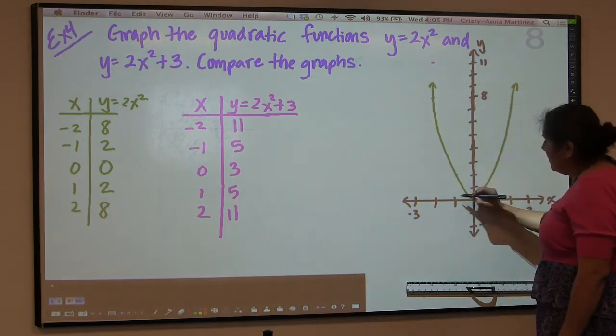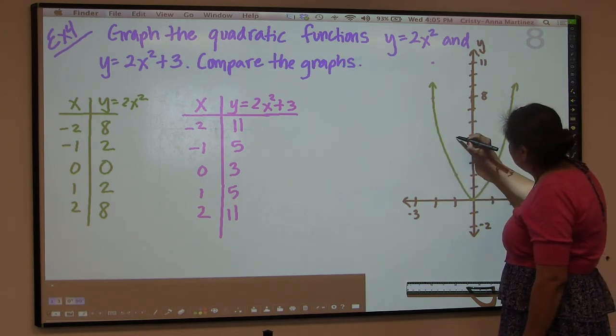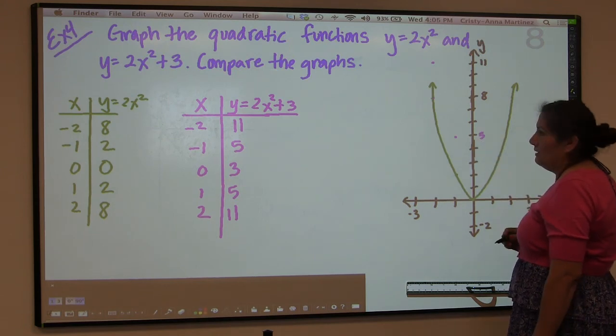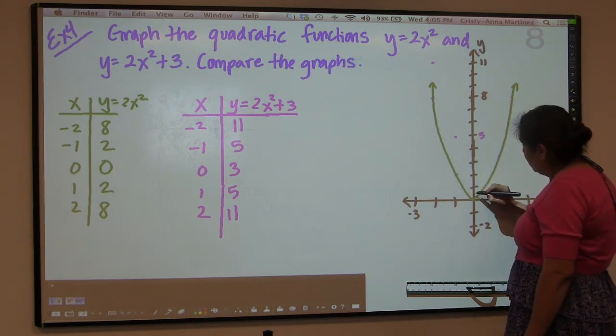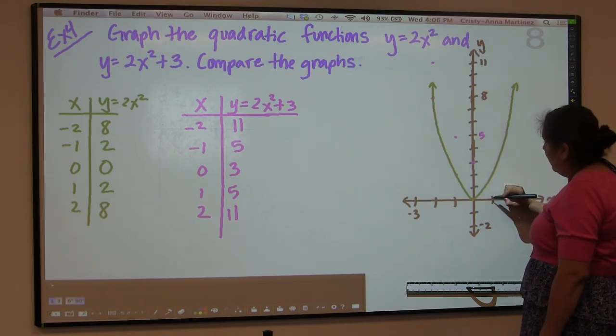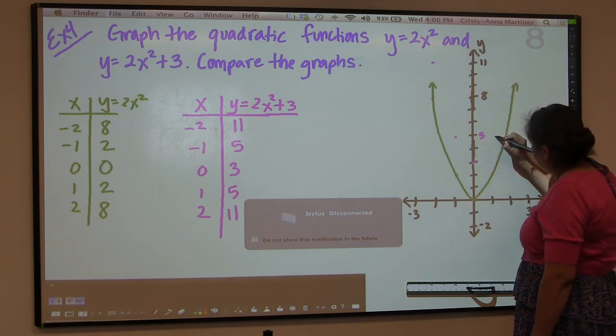Okay? The negative 1, which is at 2, is going to move 3 units up, 1, 2, 3, which is at 5 now. So this is 1, 2, 3, 4, 5. Okay? 0 is going to move 3 units up to 3. The 1, which was at 2 right here, is going to move all the way up to 5.